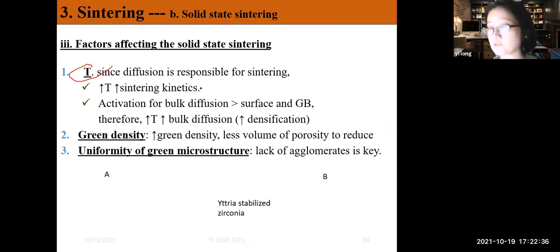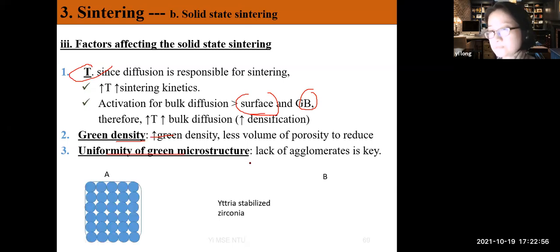Activation energy for bulk is largest, followed by grain boundary, followed by the surface. So in order to have higher densification, make sure you have a bit higher temperature. Grain density needs to be higher. Uniformity of grain structure also needs to be higher in order to have higher densification.